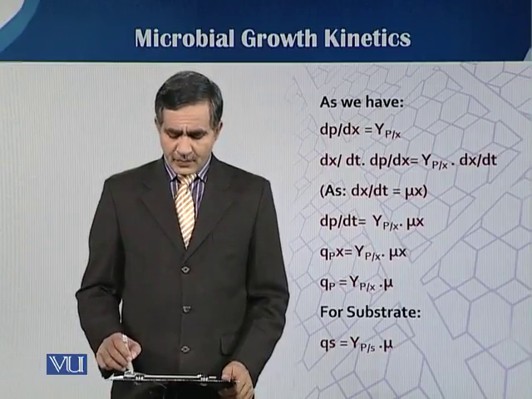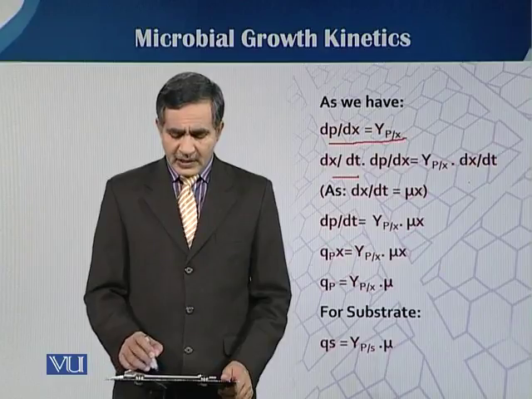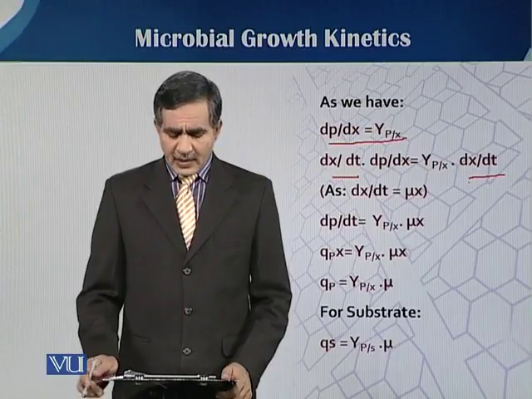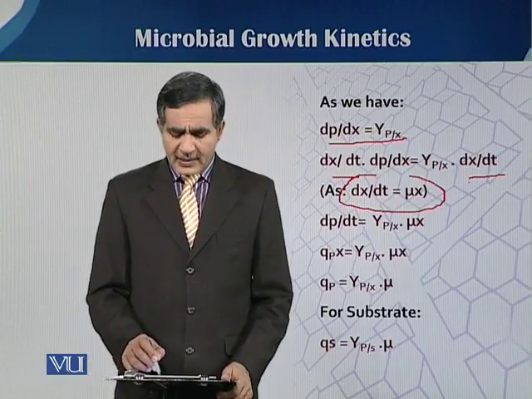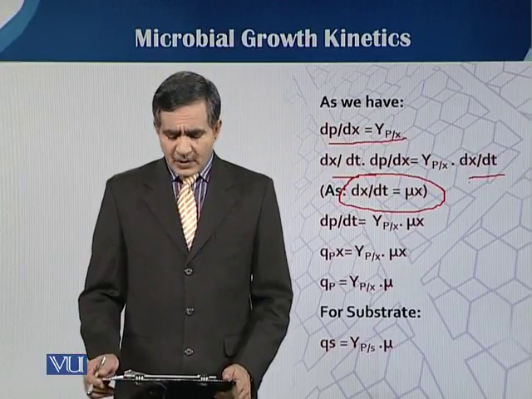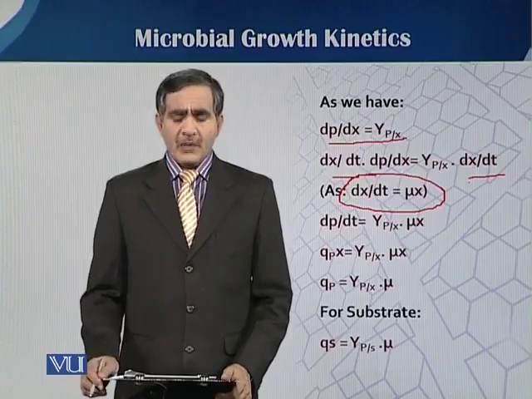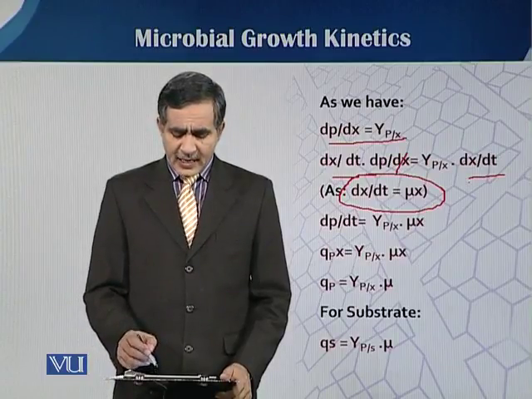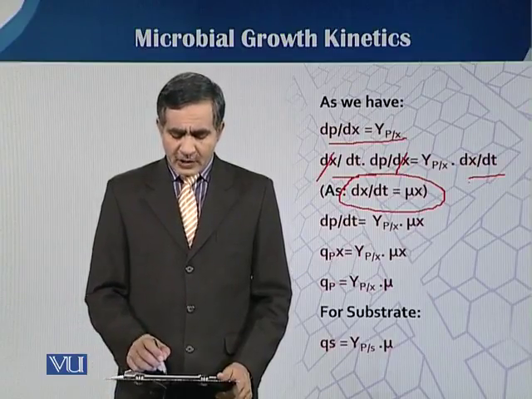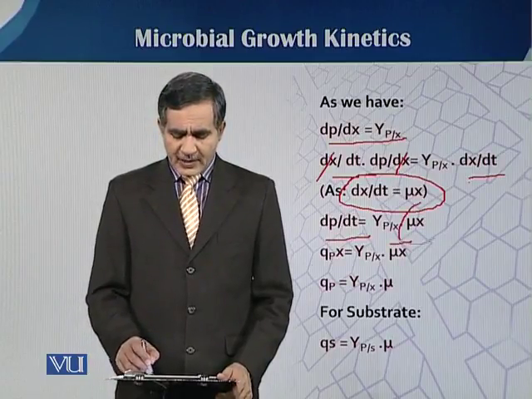So if we multiply this equation on both sides by dx over dt, and we know that dx over dt is equal to mu x, as we have discussed in previous modules, then the dx can easily be cancelled, and the overall equation will be dP over dt is equal to Yp over x and mu x.